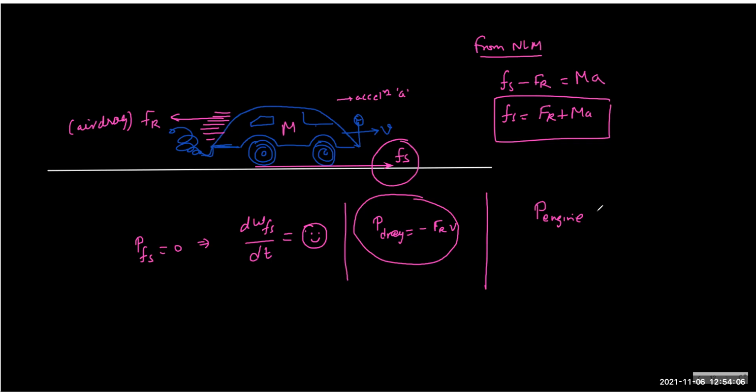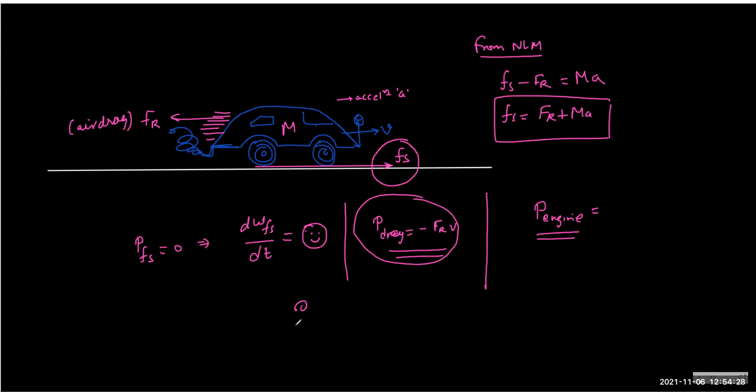Now the power of the engine is kind of well known in advance. All the energy requirement must be fulfilled, because energy is taken away by the car, so it must be provided by someone, and that someone is nothing but the engine. Now the engine does not apply force; it only gives the energy.